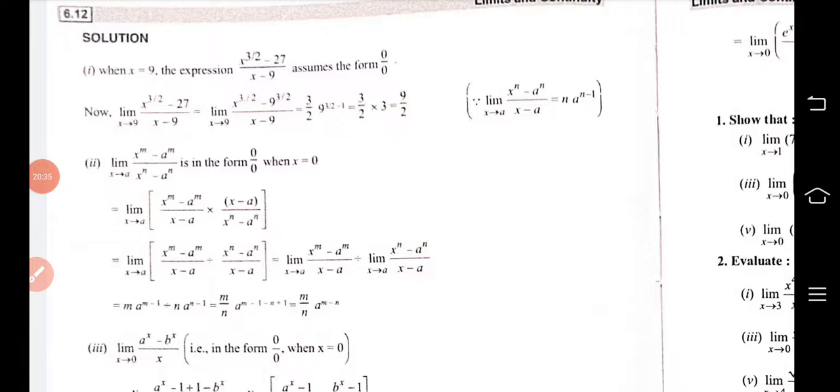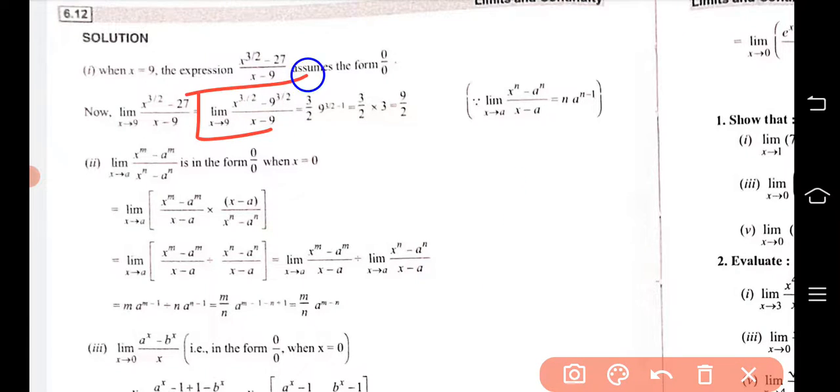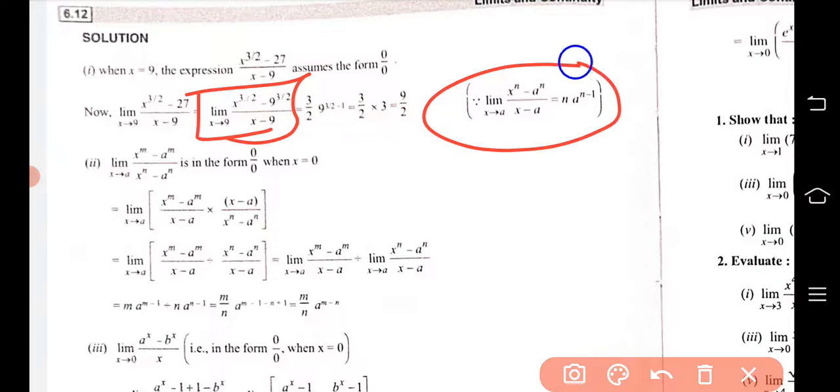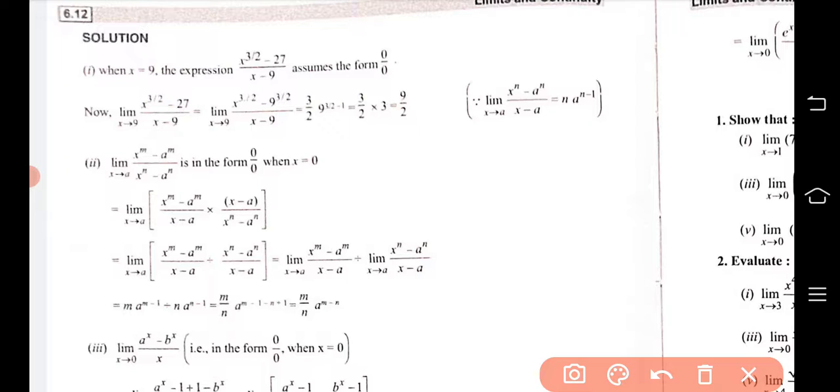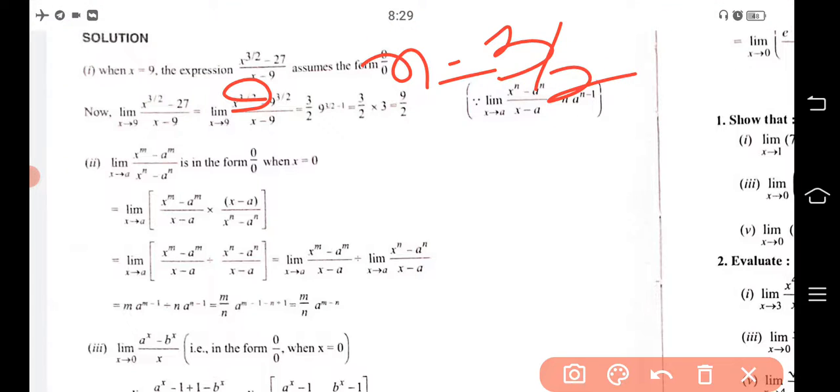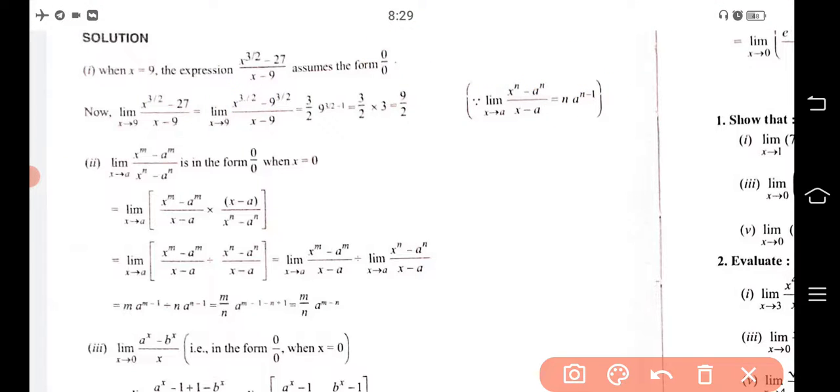Now you can directly substitute into your formula. So what is the formula? Here your x to the power n is x to the power 3 by 2, so n equals 3 by 2. Write this down according to this formula, with n as 3 by 2.